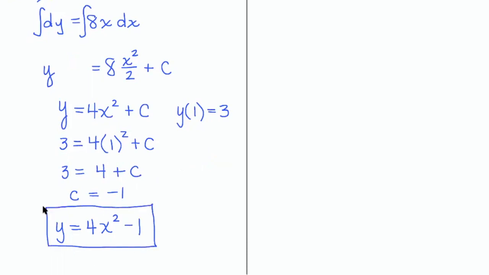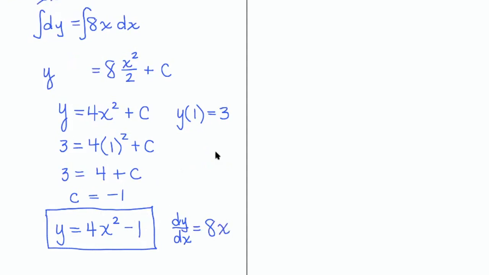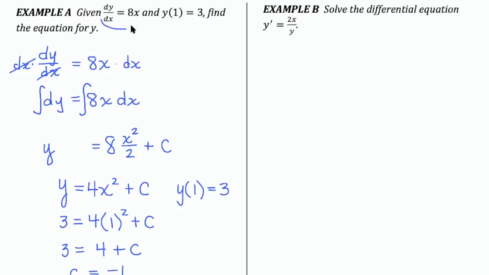And notice this should make sense. If I take the derivative of this, dy/dx, use the power rule, I do get 8x with my constant disappearing, and notice that's what we started with.